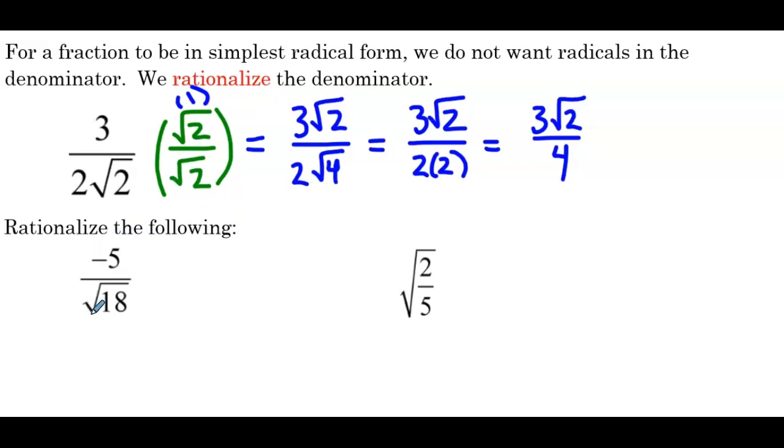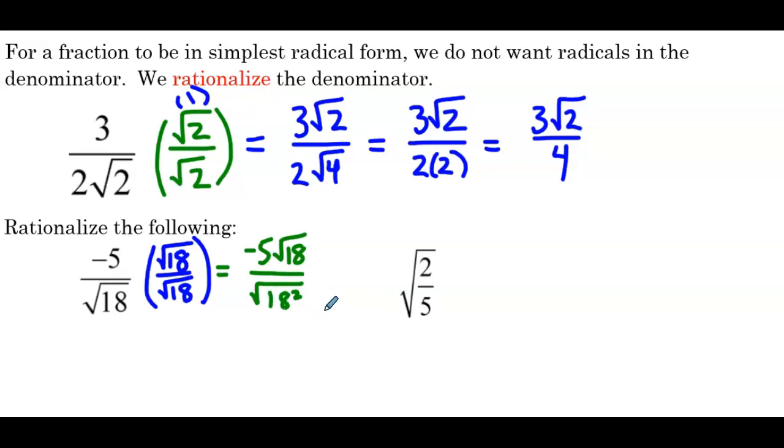So the first expression, negative 5 over the square root of 18. So we're going to multiply the numerator and the denominator by the square root of 18. So that's going to give us negative 5 times the square root of 18 over the square root of, I'm just going to write 18 squared here, and you'll see why in a second.